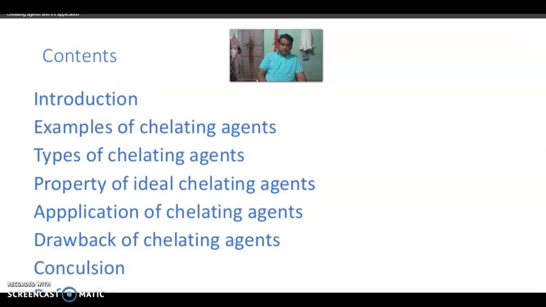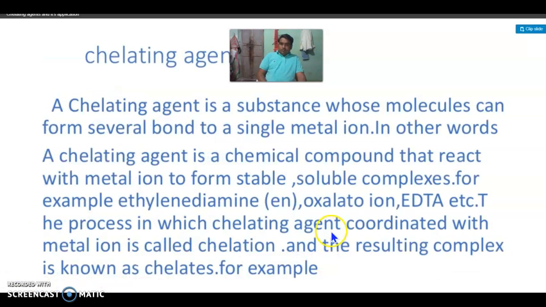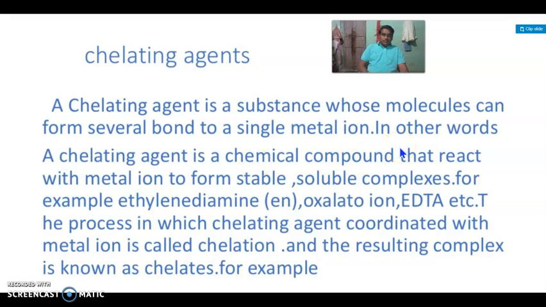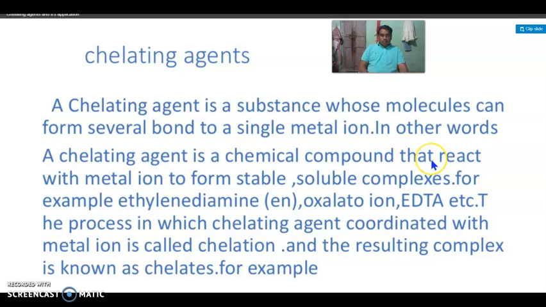Firstly, we see what is meant by chelate. A chelating agent is a substance whose molecule can form several bonds to a single metal ion. In other words, a chelating agent is a chemical compound that reacts with a metal ion to form a stable soluble complex.